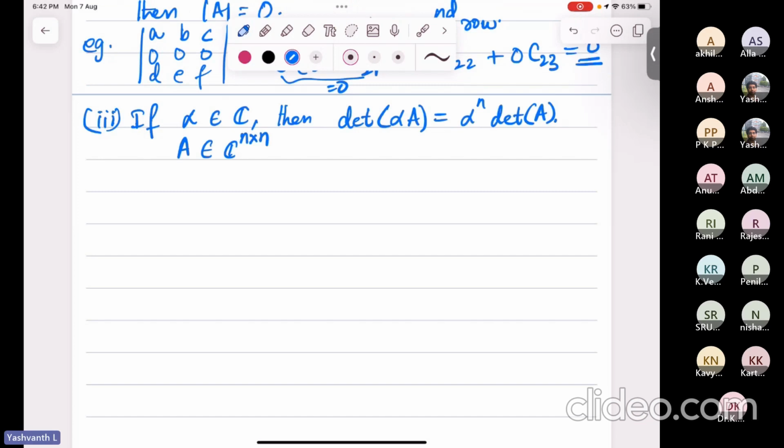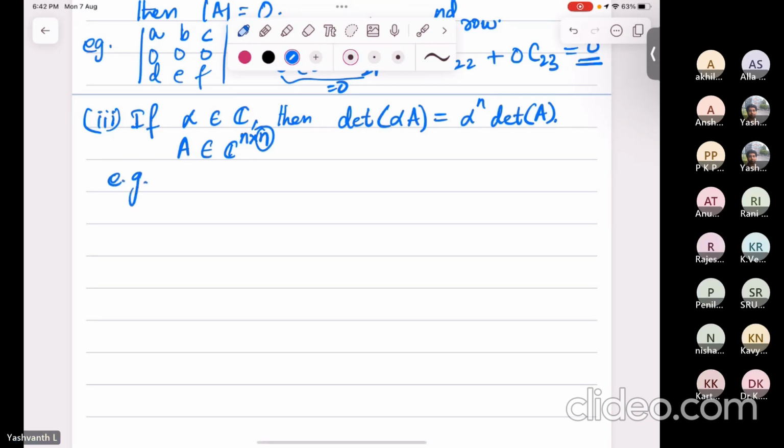What is n? N is this order, this dimension. Let me just give an example. Let n equal to 3. That is, I can take a 3 by 3 matrix A equal to A, B, C, D, E, F, G, H.